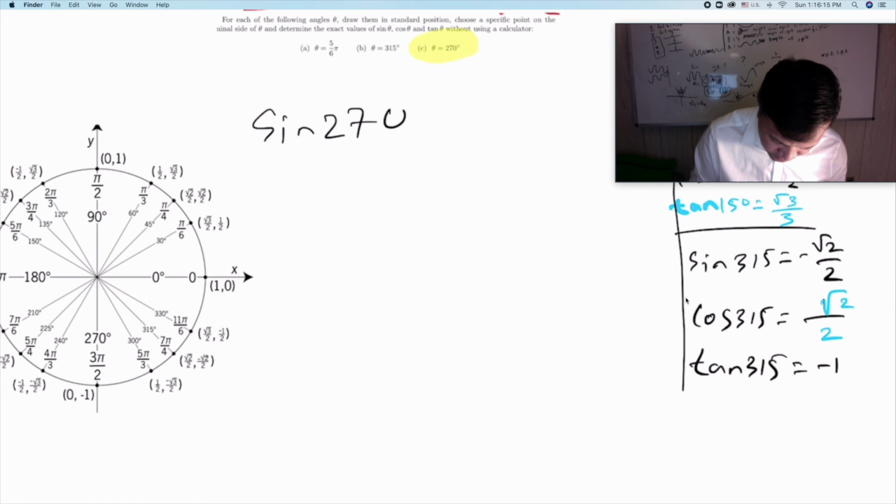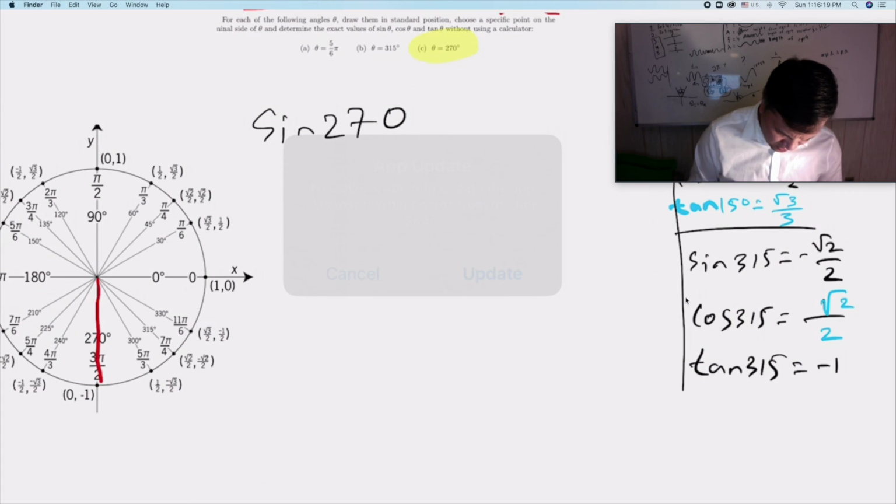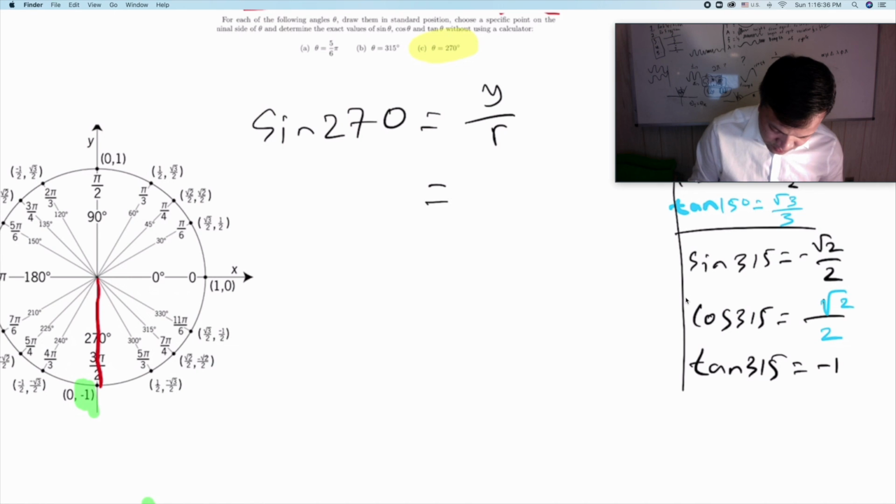So I want to show you the unit circle tells us that sine 270 is negative 1, and we know that sine 270 is y over r. So what is y? Y is negative 1 and r is 1, so it is negative 1.